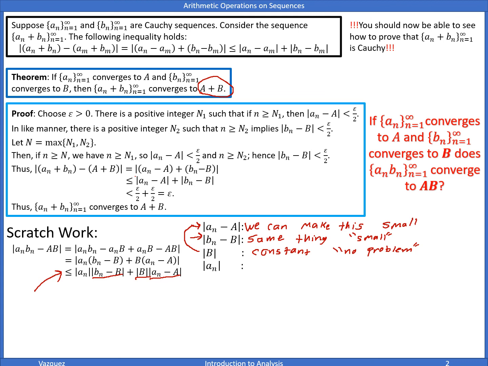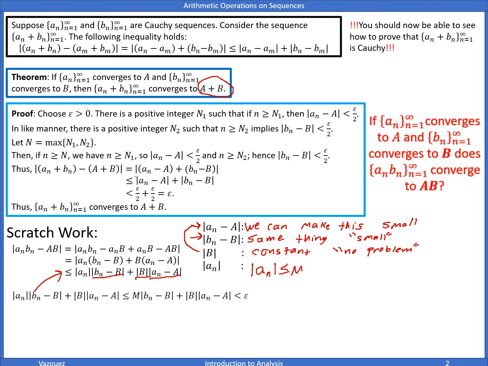If you remember from previous lectures, even though the sequence a_n depends on the choice of n, it can't be very large. We can say that the absolute value of a_n is less than or equal to M for all n, because convergent sequences are bounded.